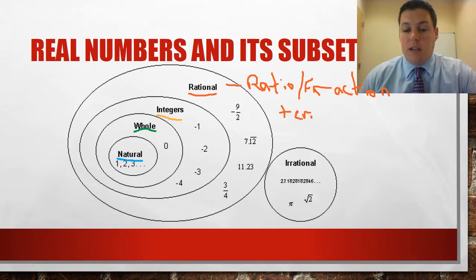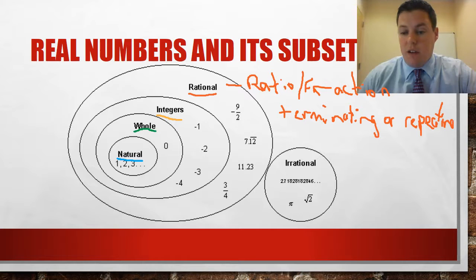So a terminating or repeating decimal is a rational number. And then an irrational number is everything else. So irrational numbers are decimals that don't terminate and don't repeat.